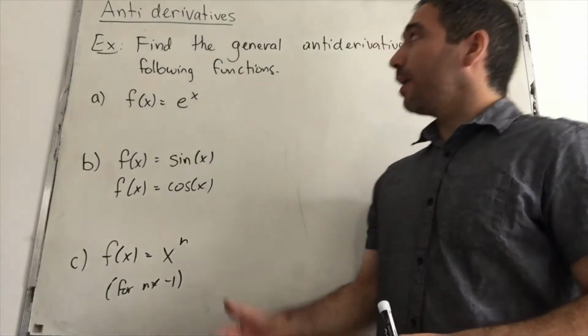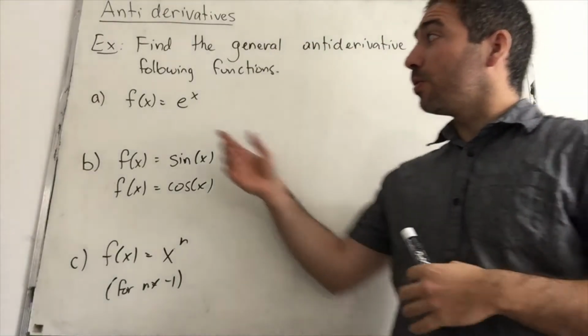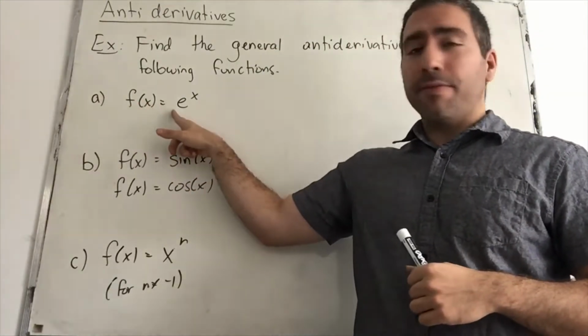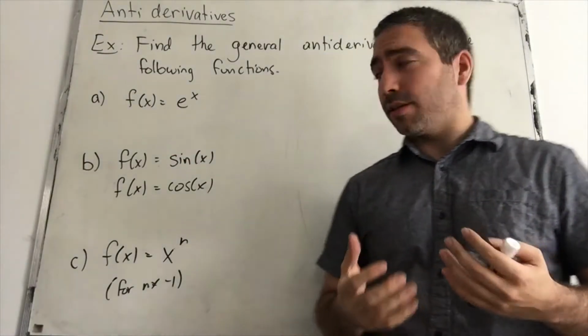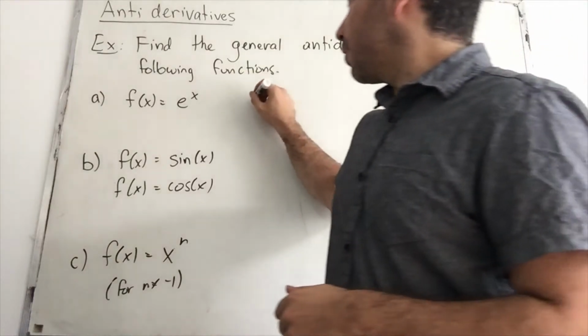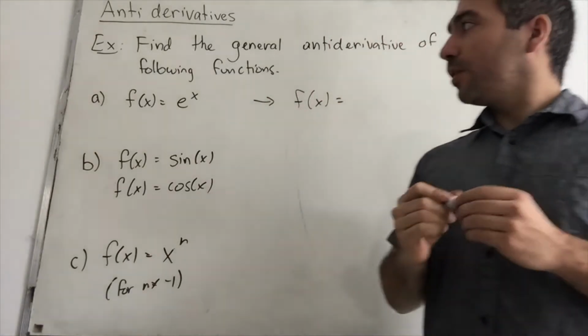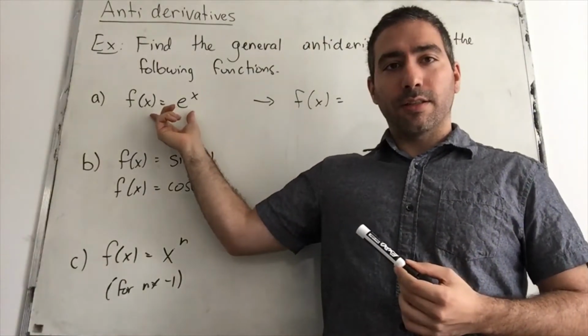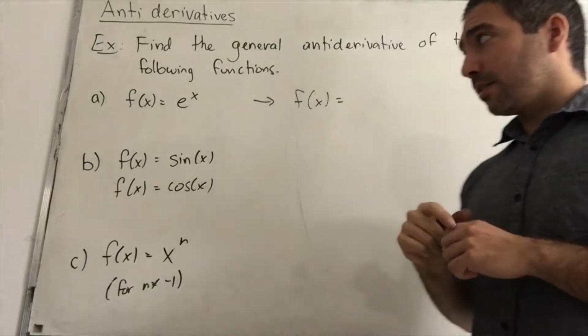So here, let's go ahead and find the general antiderivatives of the following functions, the basic functions that we already know. So if we have the function f of x equals e to the x, what's the antiderivative of e to the x? So you're asking yourself, what function do you have to take the derivative of, and that's going to give us e to the x? Well, that's pretty simple. We know that the derivative of e to the x is e to the x. That's the forward direction.